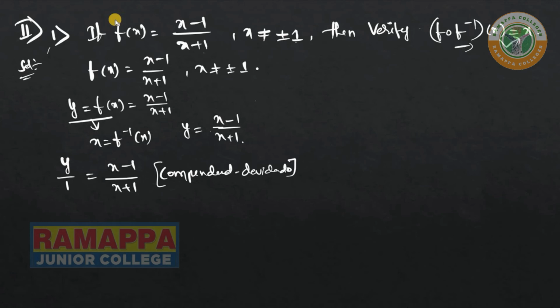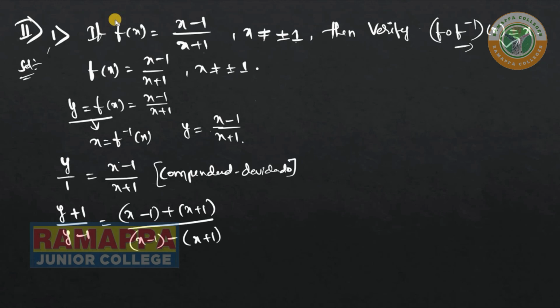So it will become (y plus 1) divided by (y minus 1) equal to (x minus 1 plus x plus 1), the numerator and denominator once added and once subtracted, with the denominator x plus 1 and the same symbols. This is the componendo and dividendo formula. If this type of question arises, we have to do it with this method.